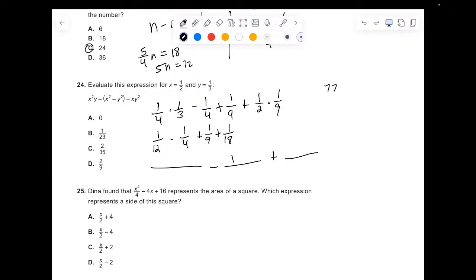What am I doing? 1, 2, 3, 4. Alright, 4 times 9 times 18. 648. 12 times 9 times 18.